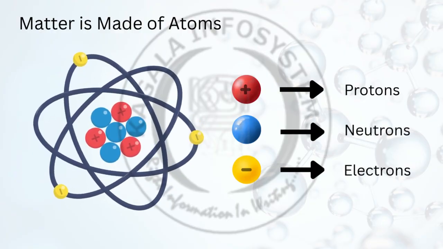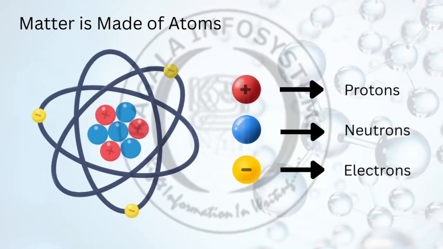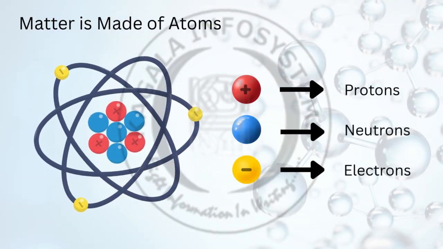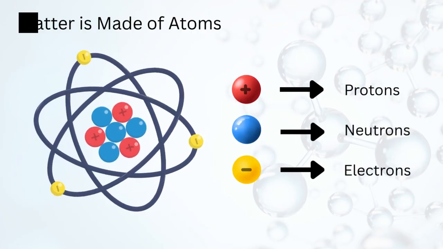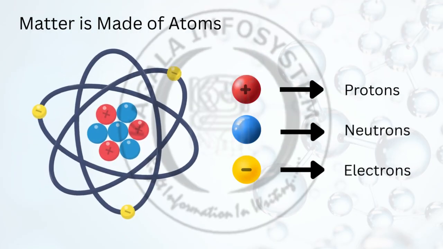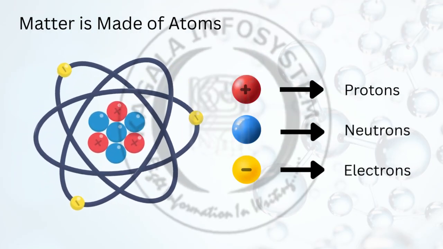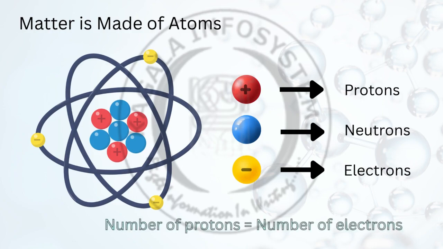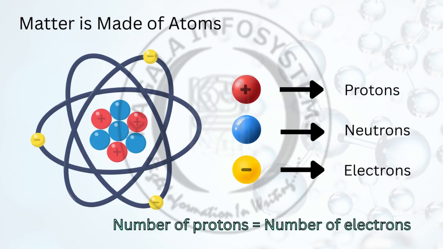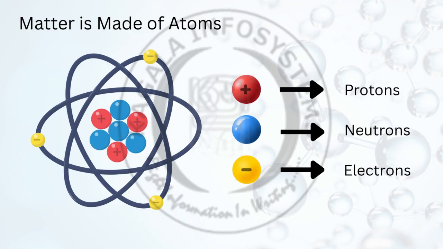Every material around us is made up of atoms. Inside atoms, we have positively charged protons, negatively charged electrons and neutrons. Normally, the number of protons and electrons remain equal. Therefore, the object appears electrically neutral.